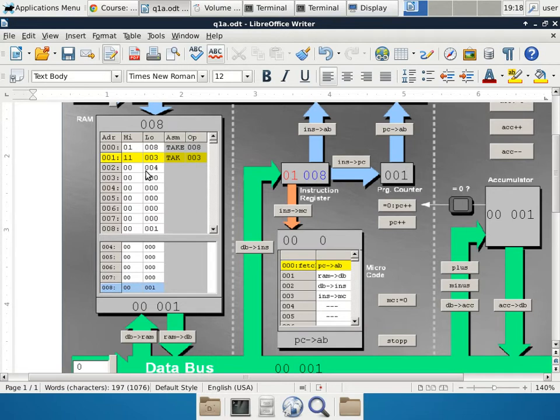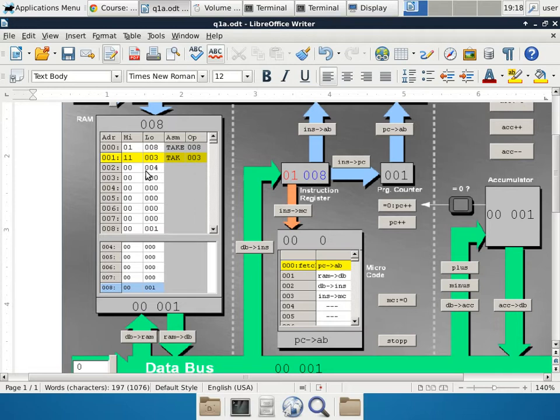So why is it not an infinite loop? Because in both locations, 003 and 004, there is the fetch instruction. But I'm asking you what this particular instruction does, not the entire program. So 003 goes back to 000.